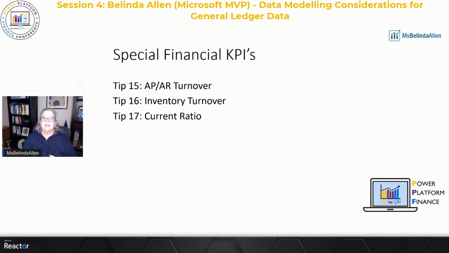Inventory turnover is a really big deal because if you keep inventory in your company, it's a big cost. And so if you have old inventory, this is a bad thing. You need to turn your inventory over twice a year. And this is going to be the cost of goods sold divided by your average inventory. And so you're really looking at how much you sold.